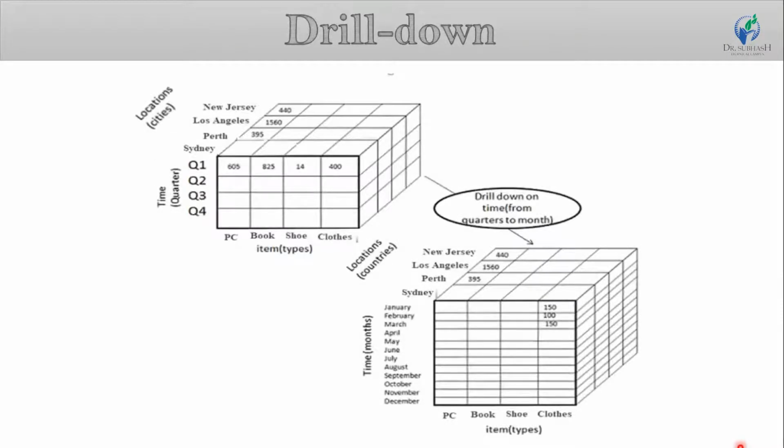Now, see this figure. In this figure, quarter Q1 is drilled down to the months January, February and March. Corresponding cells are also registered. In this example, the dimension month is added.